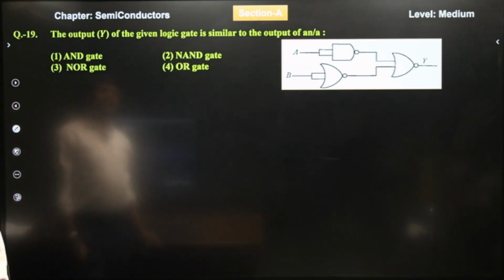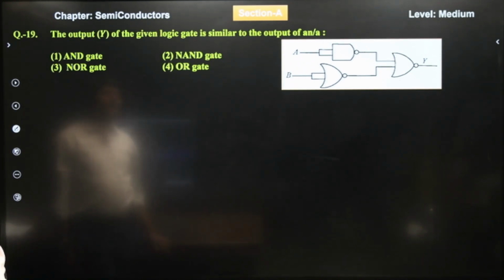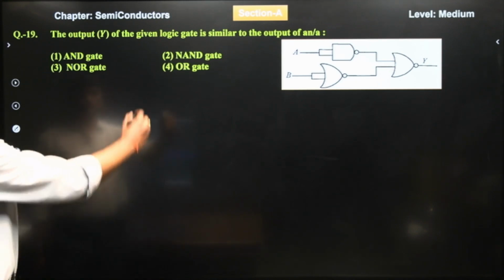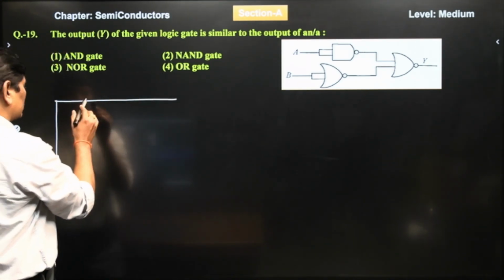Again, another question from semiconductors. We are given a logic gate, and we are asked to find the output of the gate. While solving this type of question, it is better to follow a truth table. Take a truth table for the given logic gates.